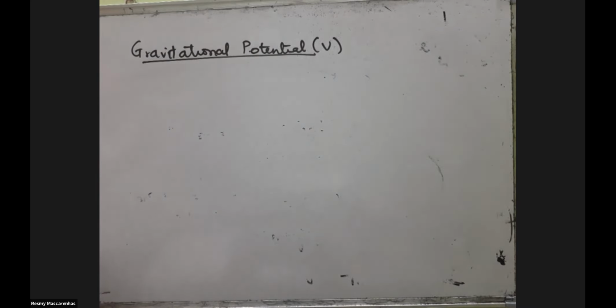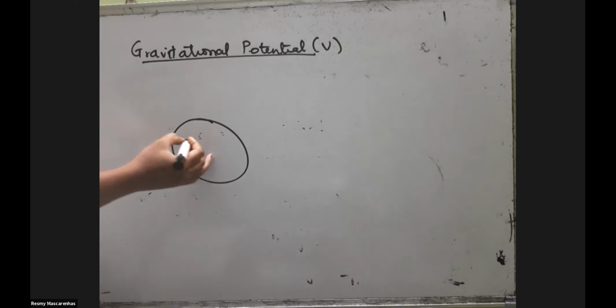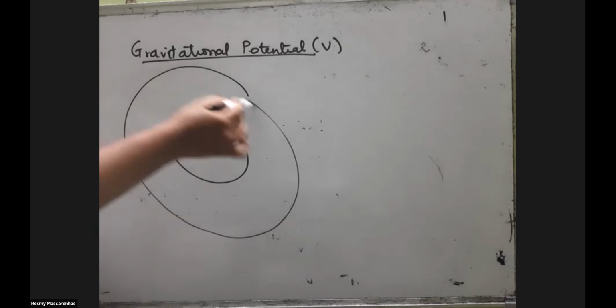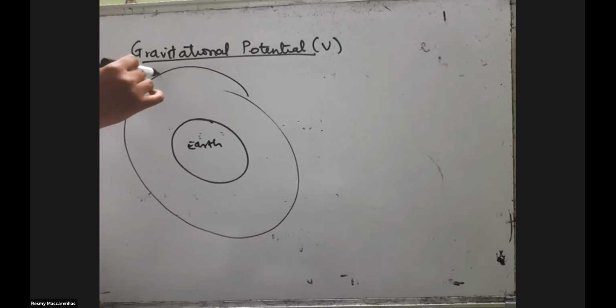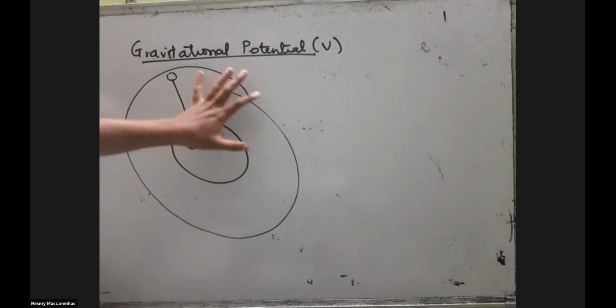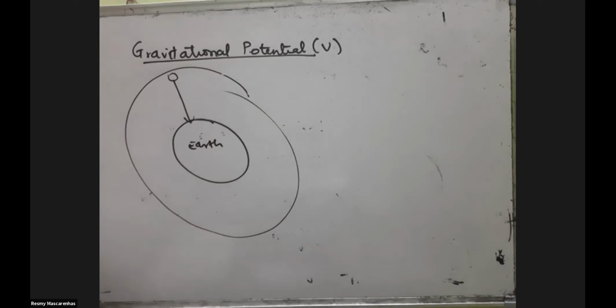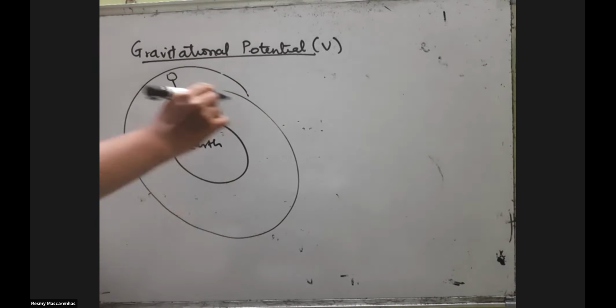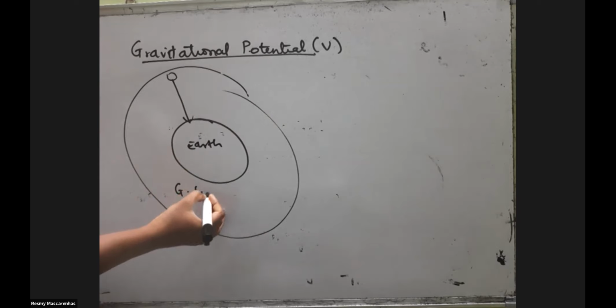This is gravitational potential V. Now we know that suppose this is the Earth. Now gravity of Earth lies within certain limit. Okay, till some point if you throw a ball, it would definitely come down. So this gravitational effect is applicable up to certain area, this much. So this is also called a gravitational field. This area would be called a gravitational field.